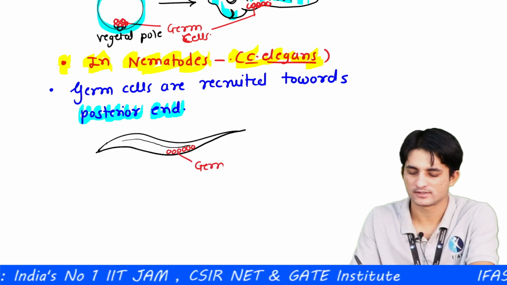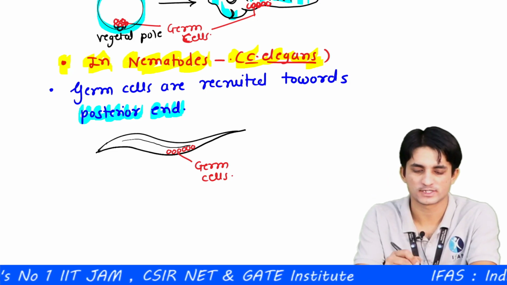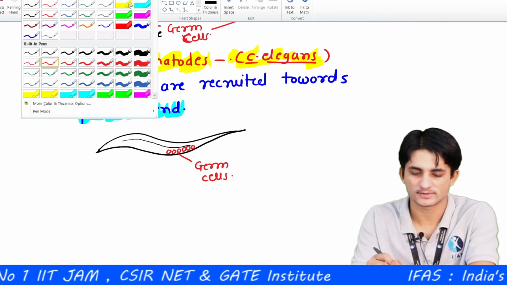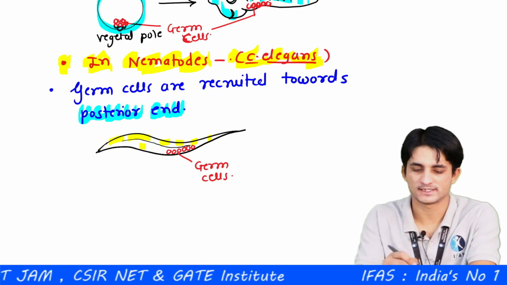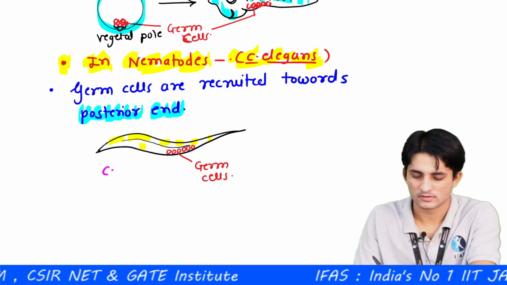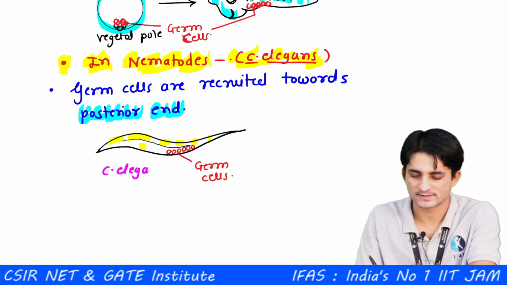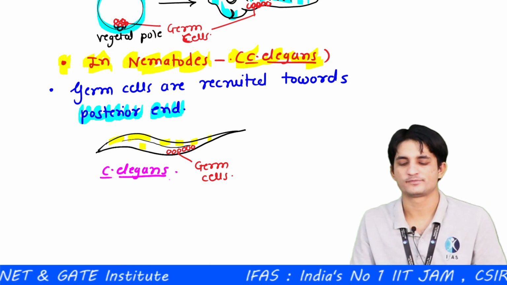So these are the germ cells, recruited towards the posterior side, and this is the structure of C. elegans. So these are the worms, they are present in the soil. C. elegans, Caenorhabditis elegans.